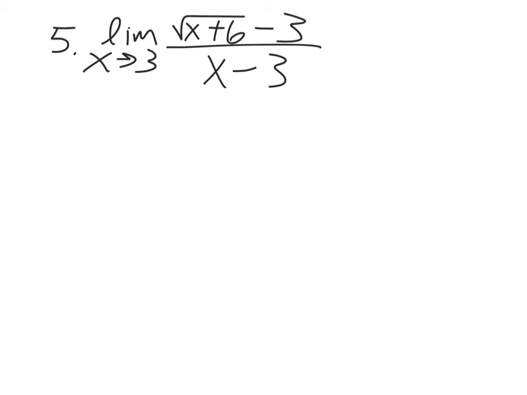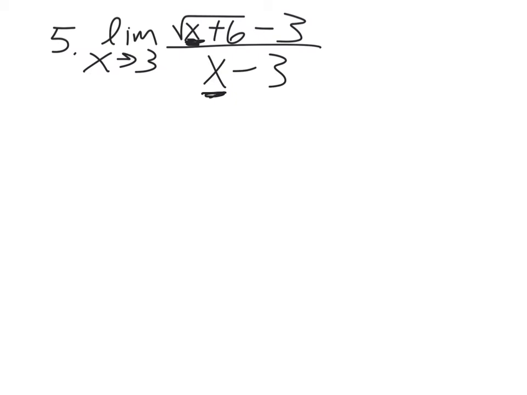Now, another limit problem that is fairly common is rationalizing the numerator, something like this, number 5 out of test 1. Plug 3 in for x, and once again we end up with a 0 over 0.